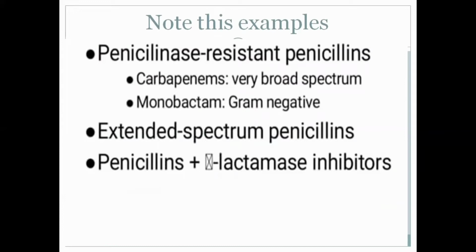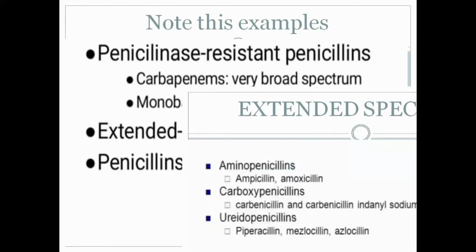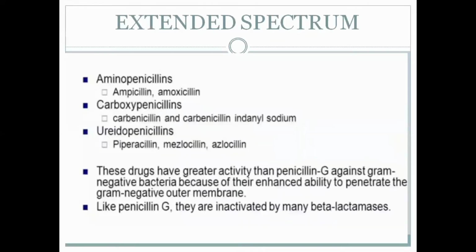Note these are the examples, which include the penicillin-resistant penicillins, which are the carbapenems, which are very broad spectrum, and monobactams, which are sensitive against the gram-negative. The extended spectrum of penicillin is composed of a penicillin in combination with a beta-lactamase inhibitor. Examples of this extended spectrum include the aminopenicillins, like ampicillin in combination with amoxicillin.